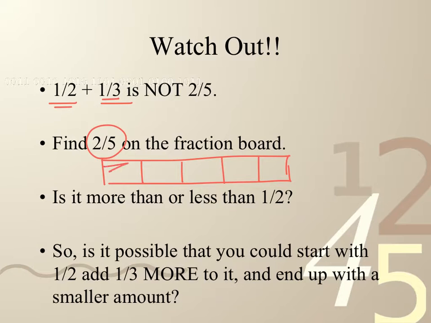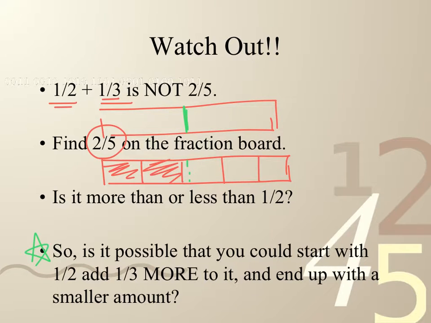It's not a very good drawing, but we can kind of take a look at it. If I look at 2/5 and then I compare that to 1/2, you can see that the half is greater than 2/5.